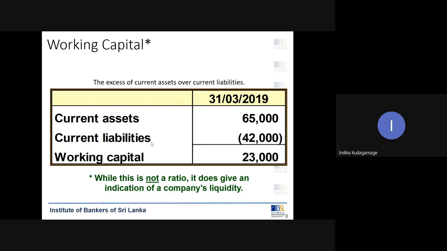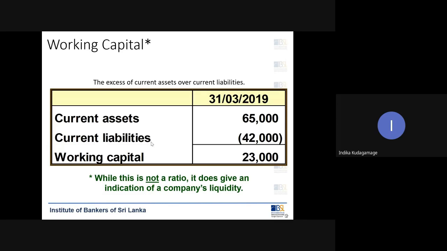So working capital is the most important part of a business. You can have all fixed assets, but if you don't have stocks, when you don't have debtors, when you don't have cash, when you don't have creditors, and when you don't have short-term borrowing, then you can't run a business, right?